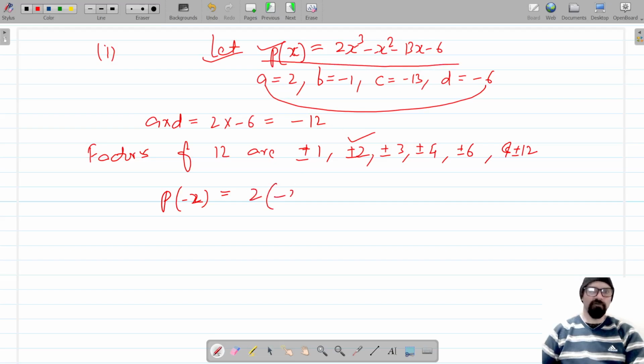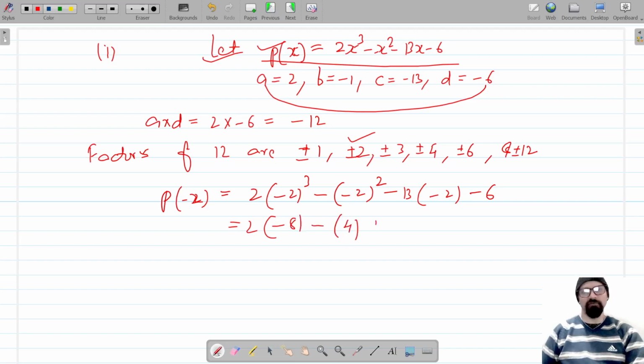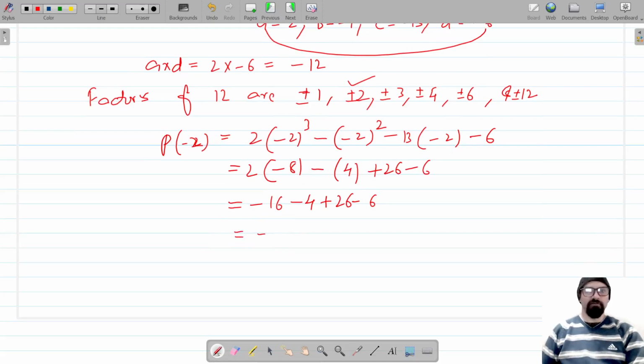So 2 into negative 2 cubed minus negative 2 squared minus 13 into negative 2 minus 6. So this gives me 2 into negative 8, minus 4 plus 26 minus 6. So this is equal to negative 16 minus 4 plus 26 minus 6, which is negative 20 plus 26 minus 6. 6 minus 6 is equal to 0.